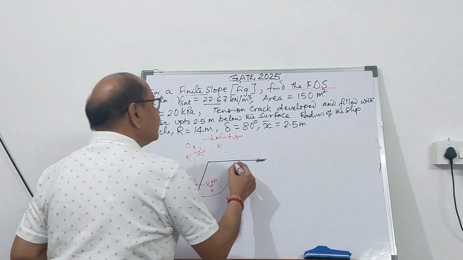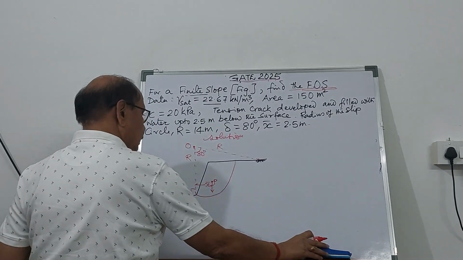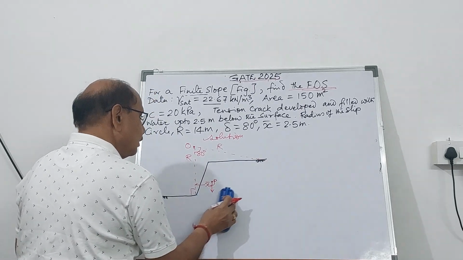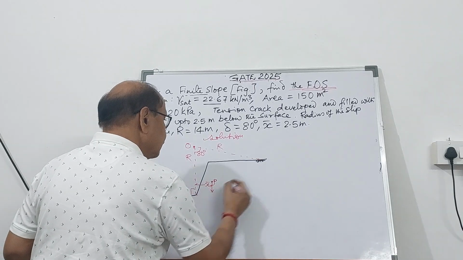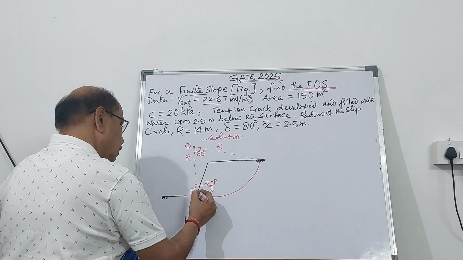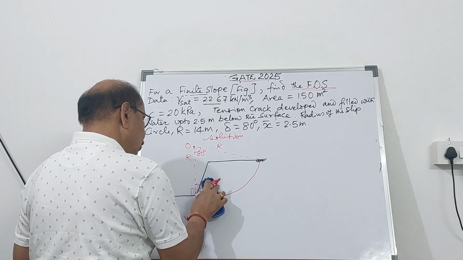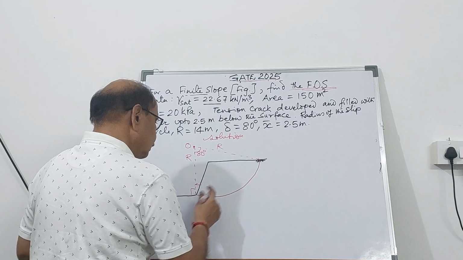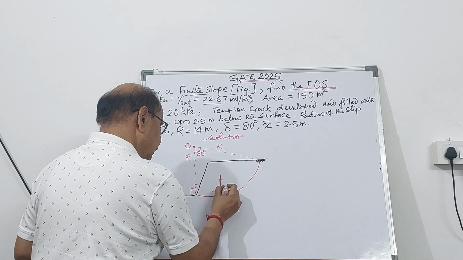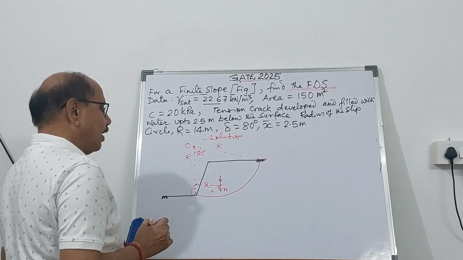The slip circle will meet here. So this is the slip circle, and the weight can be shown. This is the weight. So x bar equal to 2.5 meter.